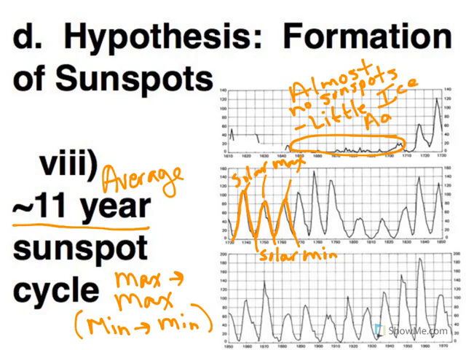So this has many people wondering what is the connection between the solar cycle and our climate. Obviously, when the sun is inactive, it has reduced our temperature, but we don't fully understand what that connection is. So, interesting thing to study, but something that is not fully understood.